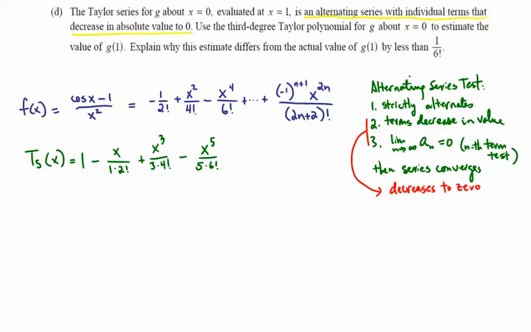First of all, we want to use the third degree Taylor polynomial for G about x equals 0 to estimate the value of G of 1. So you recall we have here t sub 5, which is the fifth degree, but t sub 3 would just be the series where the highest exponent is third power.